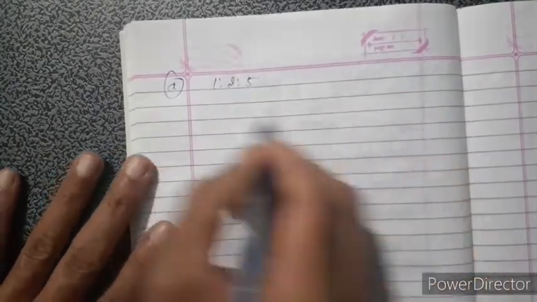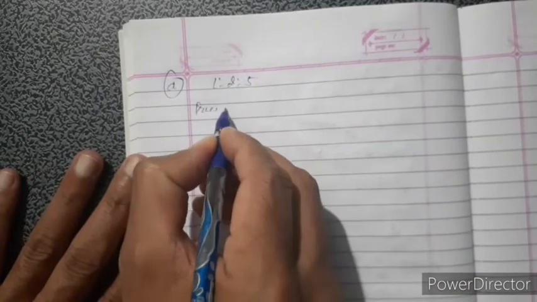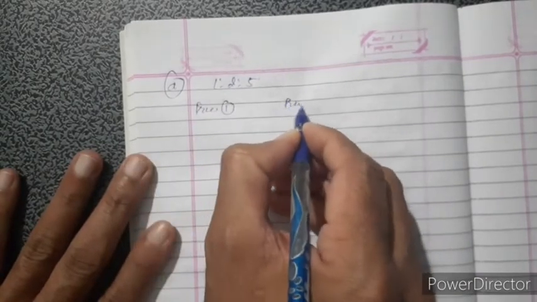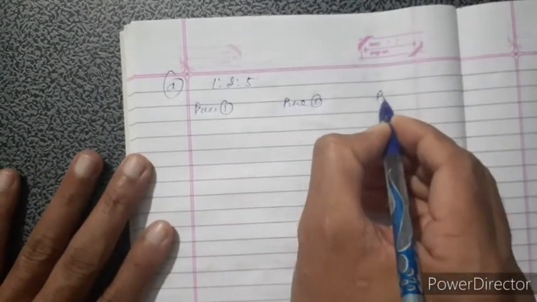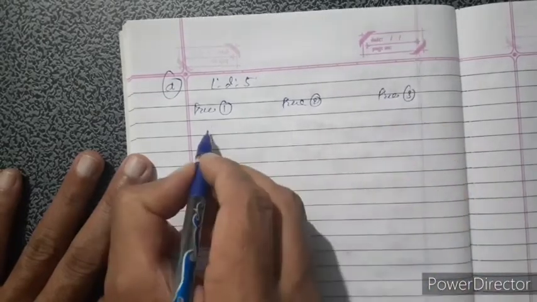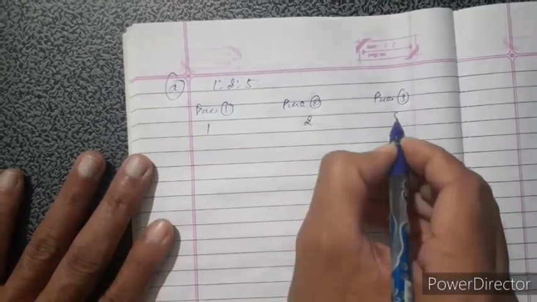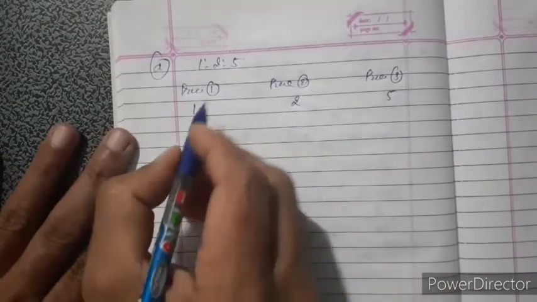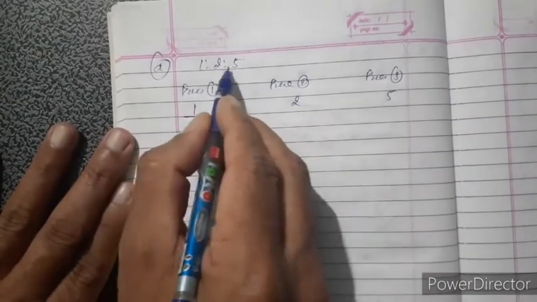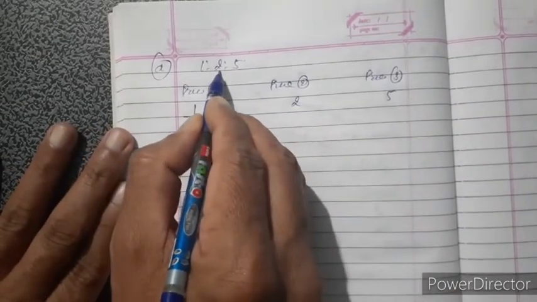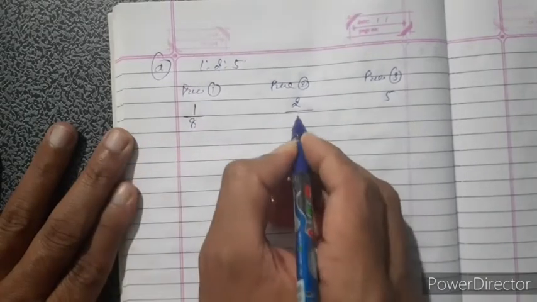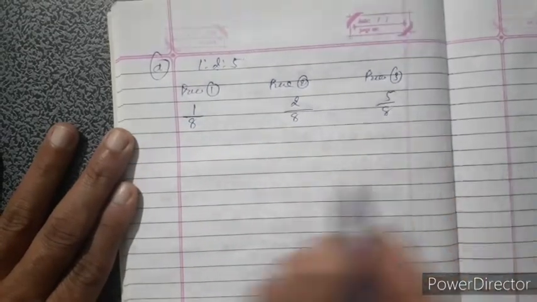Okay, and the next one is 1:2:5. So here fraction 1, fraction 2 and fraction 3. Write down the numbers 1, 2, 5, and at the denominator side the total of that: 1, 5, 2 and 2 is 7 and 1 is 8. Same here 8 and here 8.